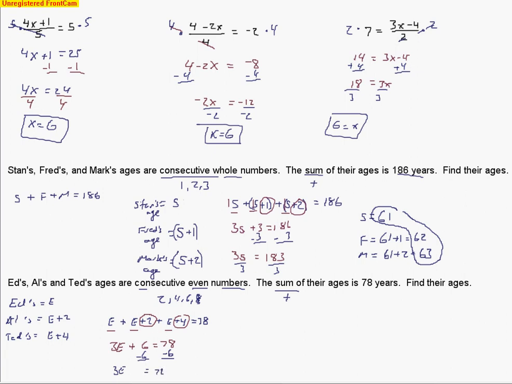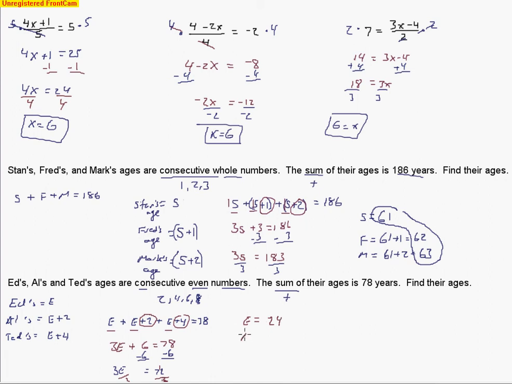So we just have one more step here. Just divide by 3. And when I do that, that leaves me with E equals, well, 3 goes into 7, we have 2 times, and that leaves us with 1 left over, and it goes into 12, 3 goes into 12, 4 times, so 24 years.